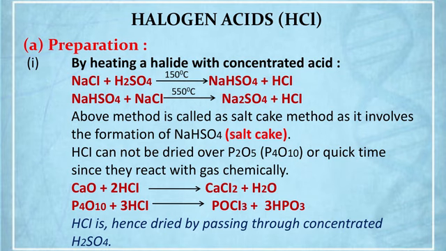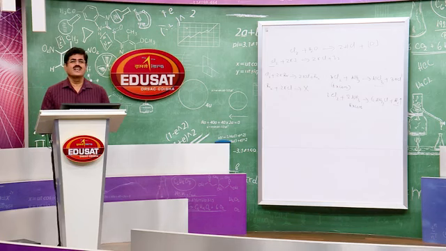For example, sodium chloride when heated with concentrated H2SO4 at 150 degrees centigrade gives sodium bisulfate and HCl. That sodium bisulfate when treated with excess of sodium chloride at higher temperature gives sodium sulfate and HCl. This is called the salt cake method.